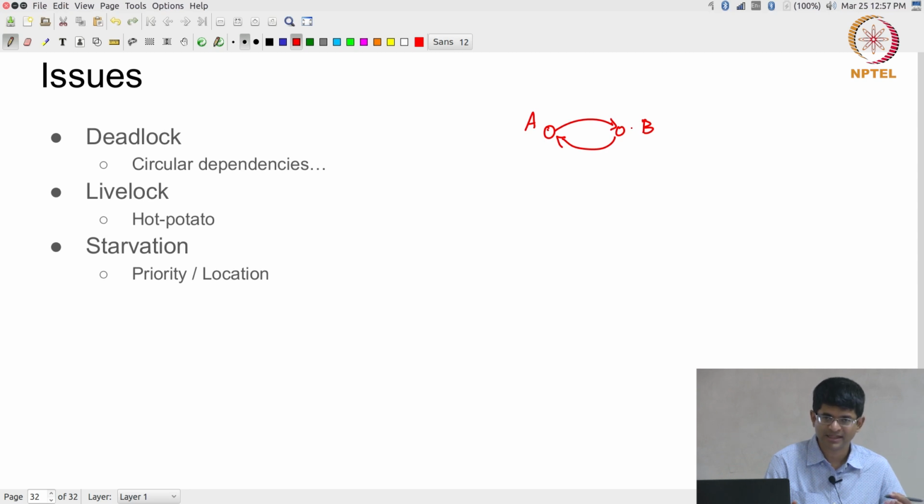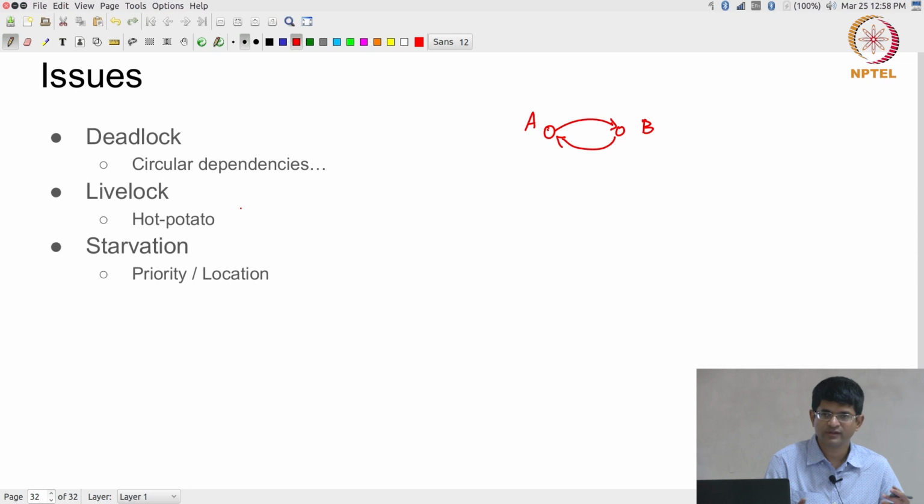Livelock is a more interesting scenario, you don't want it to happen, but it's something that can actually come up in these kinds of routing scenarios. In particular, there is one technique called hot potato routing. Hot potato routing essentially says somebody is passing you a hot potato, you don't have time to hold on to it, you just want to give it to somebody else as quickly as possible. So what is the switching strategy used over there? Each switch doesn't wait for its neighbors to see which one is free, or rather whether the correct one where it needs to go is free.